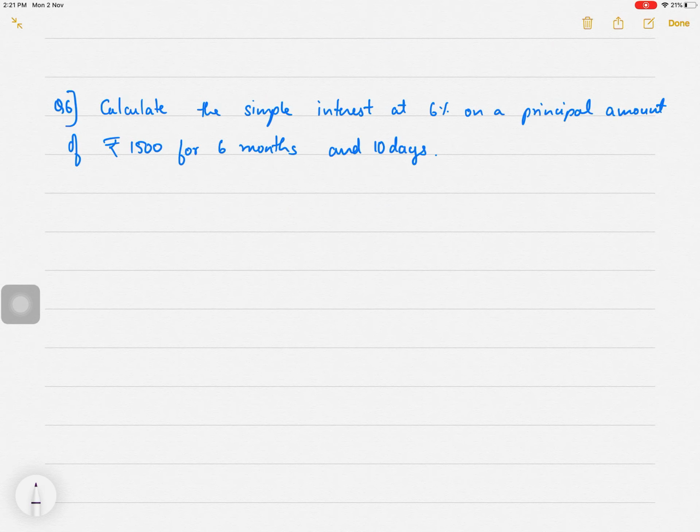Calculate the simple interest at 6% on a principal amount of rupees 1,500 for 6 months and 10 days. Okay. Calculate the simple interest at 6%. So R is given on a principal amount of rupees 1,500. Okay. So P is given for 6 months and 10 days. 6 months and 10 days is your N. Correct? Let's convert 6 months and 10 days into year.